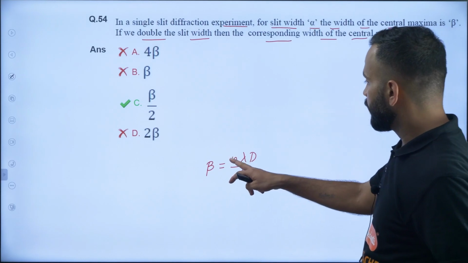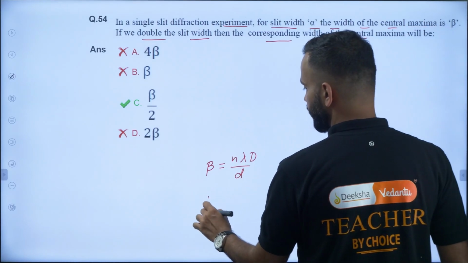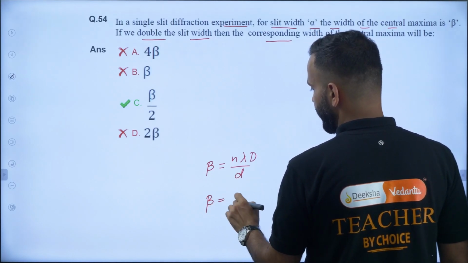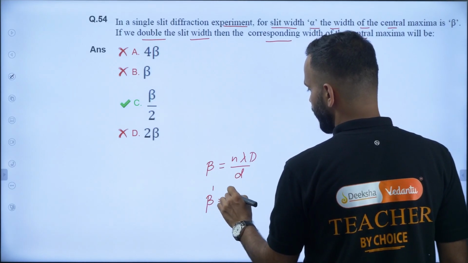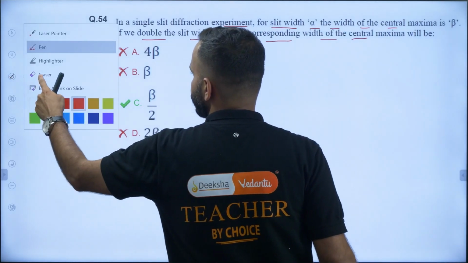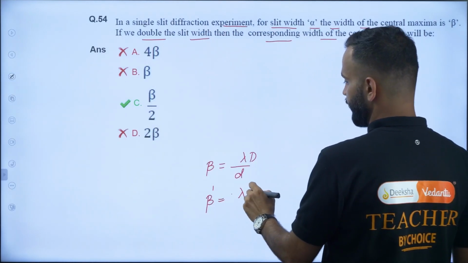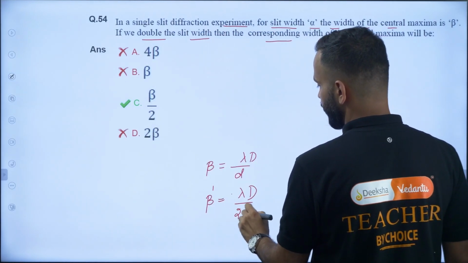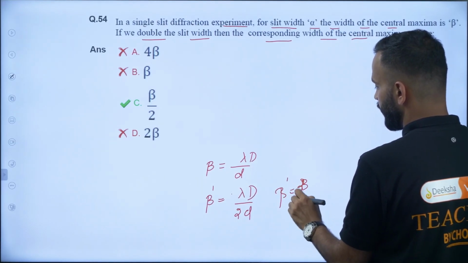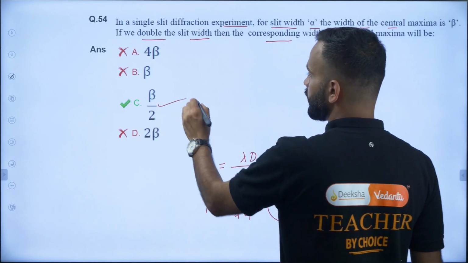Now the slit width is doubled, that is 2d. Here n is the same, n is equal to 1. So beta dash is equal to lambda D divided by 2d. So beta dash is equal to beta divided by 2. The correct option is C.